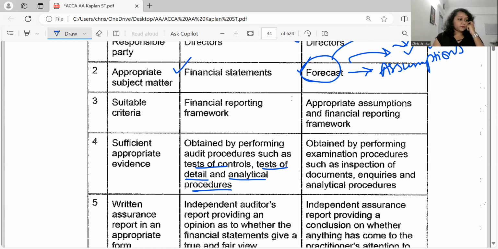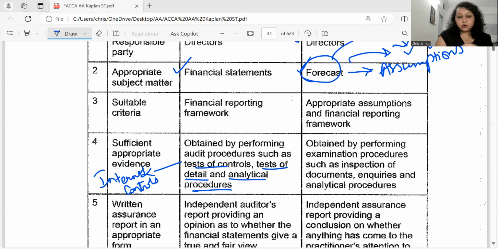Okay. Now, first of all, just in short, understand what it is. Test of controls relates to the internal controls in the organization. For example, we can take the systems. We are going to learn internal controls in a later chapter, the internal controls chapter.